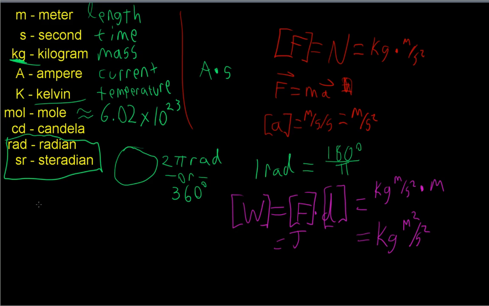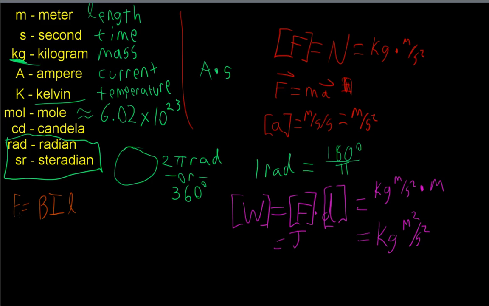Just off the top of my head, I want to know, say, what's the base unit of electric or magnetic field? Magnetic field I usually see represented with B. I remember the force on a current carrying wire is BIL times sine of theta, L being the length of the wire, I being the current flowing through the wire, F being the force on that wire. The sine of theta is unitless, so I'm going to neglect it.